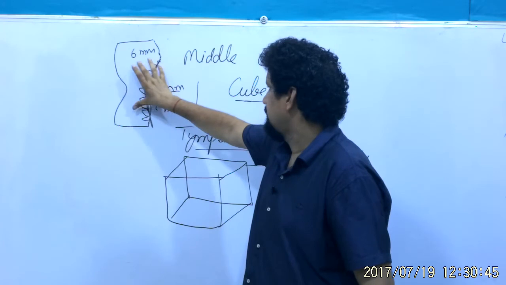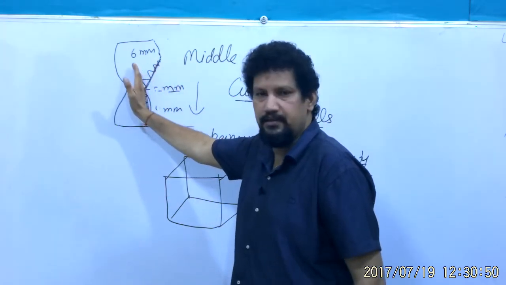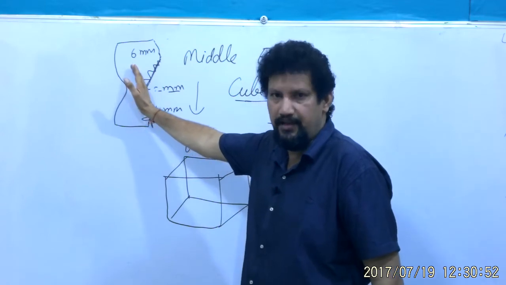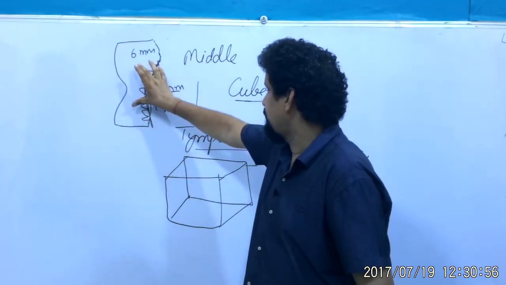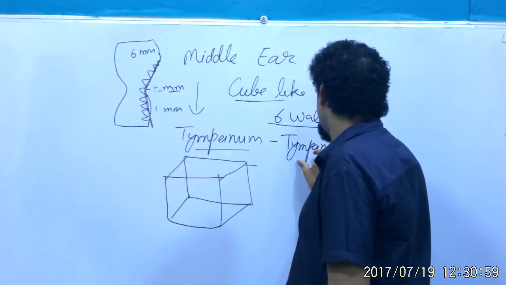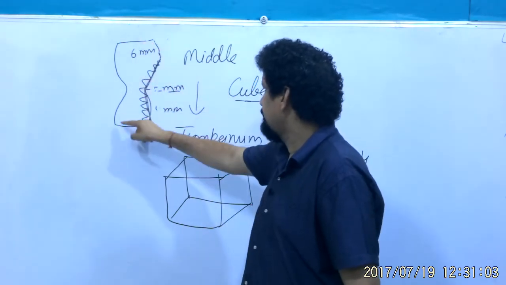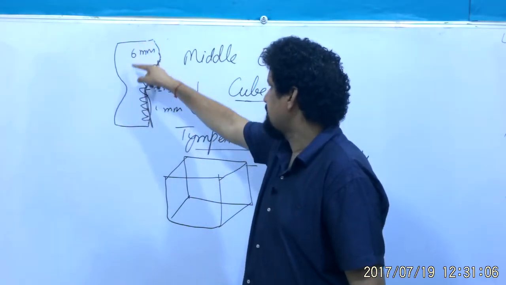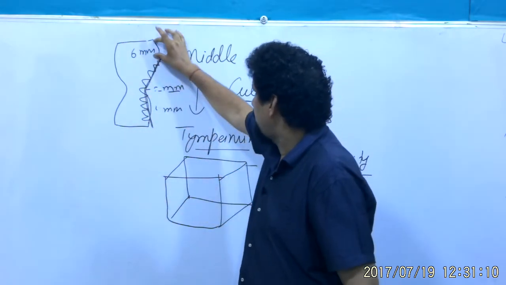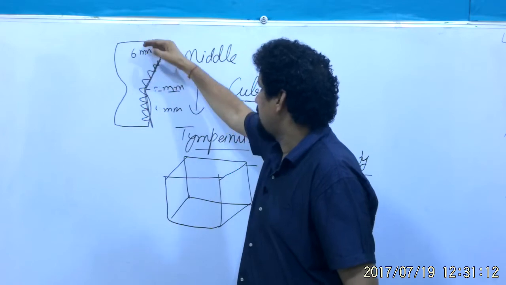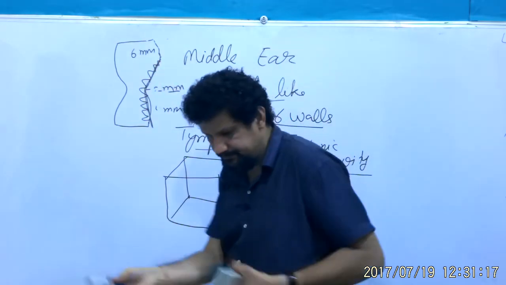This part, which is lying opposite the tympanic membrane, is known as tympanic cavity. So tympanic cavity is used for this cavity proper, and from here to here, this is known as tympanum or the middle ear cavity.